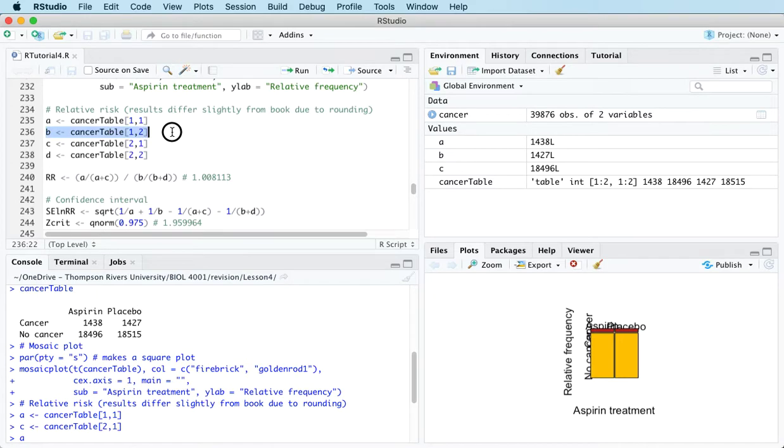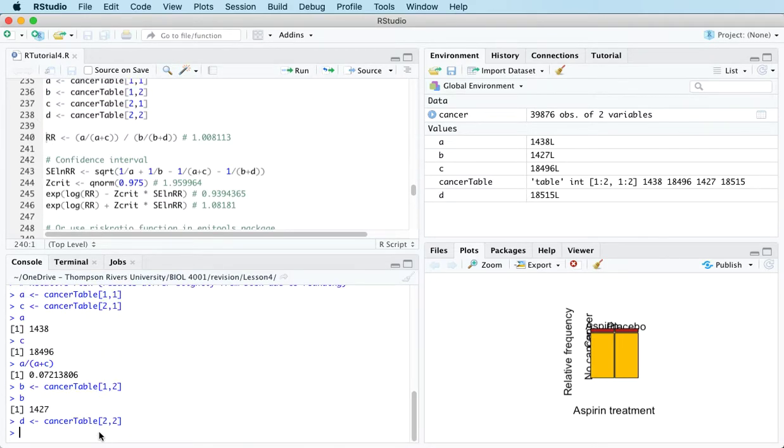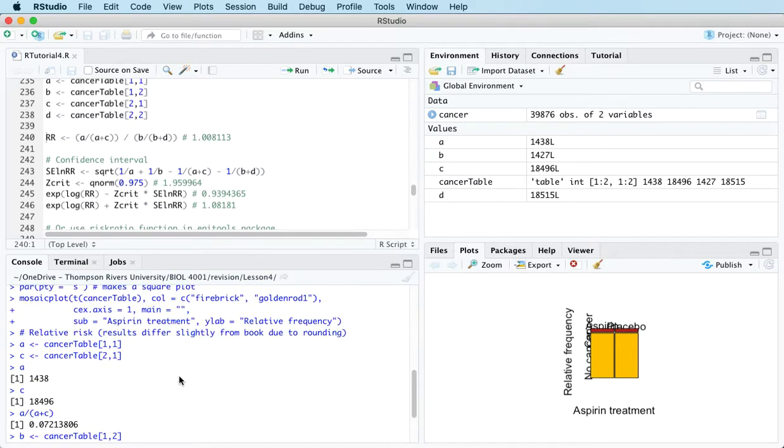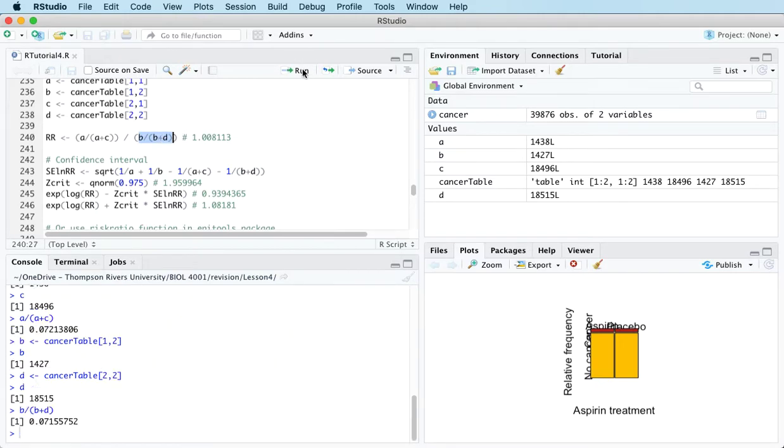So that was B, and then D is this number here, second row, second column. So that's this piece of the code here. And then as a proportion, that's going to be 0.07155752. So also roughly a 7.2% chance of developing cancer for the control group.